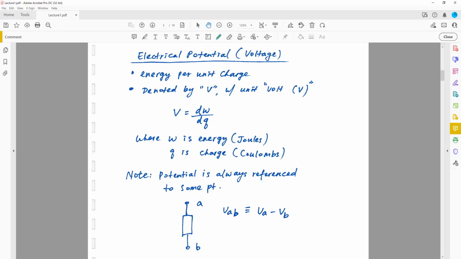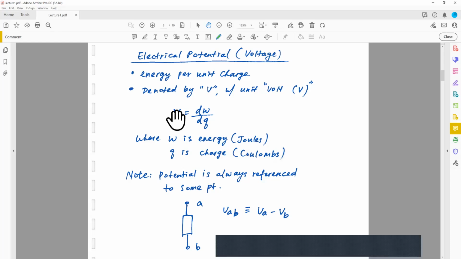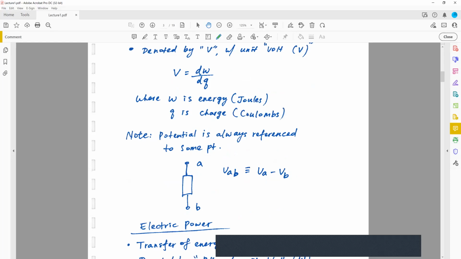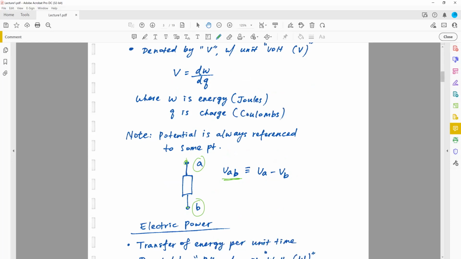The minus tells you the lower potential. So in this case, I have VAB here. So this is point A and this is point B. This is the voltage at point A and this is the voltage at point B. Now, if I want to calculate the potential difference across this element, whatever this element is, it can be a simple resistor.